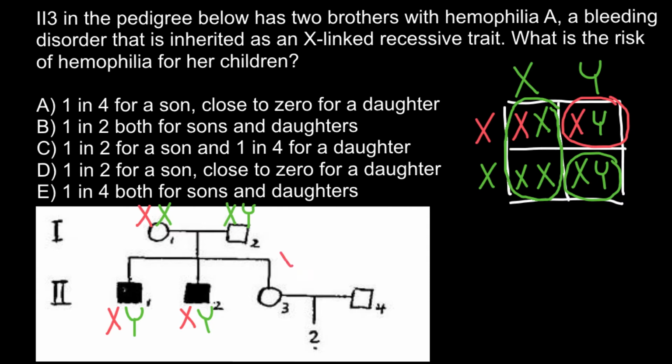So the probability for her to be a carrier would be 1/2, or 50%. And another 50% would be the probability that she would be of normal phenotype. And of course, her husband also has to be of normal genotype, otherwise he would be affected, and we see that he is not affected.